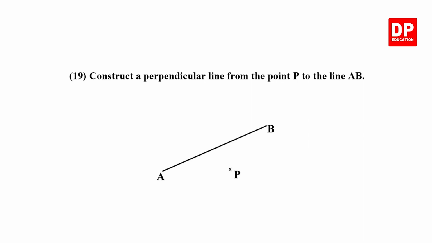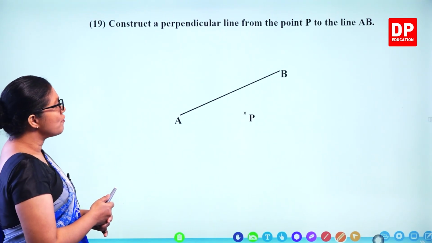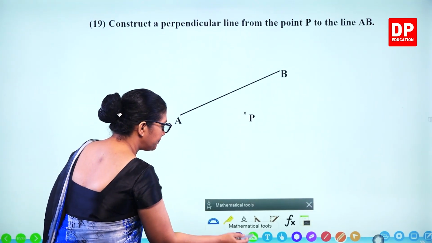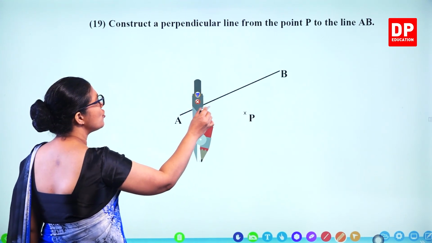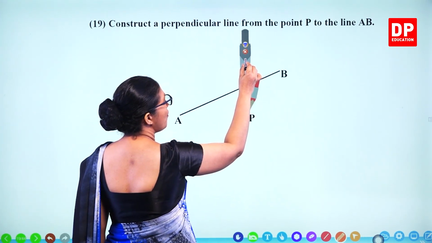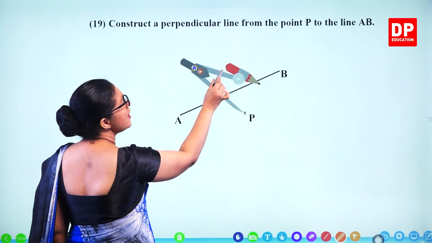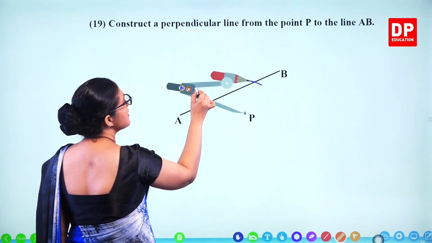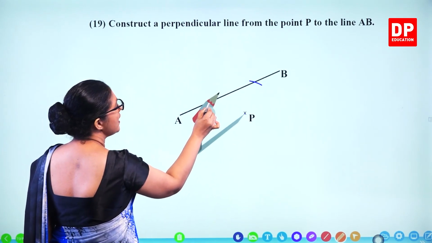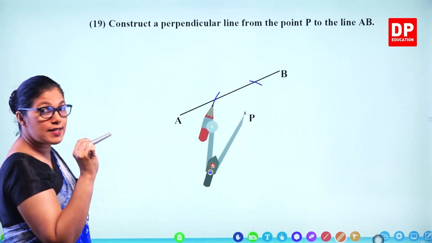Question number 19. Construct a perpendicular line from the point P to the line AB. So construction means you have to take the compass. You keep it on point P, take any distance and see where it cuts the line. It cuts in 2 places. So you find the 2 places first. That's the first step.